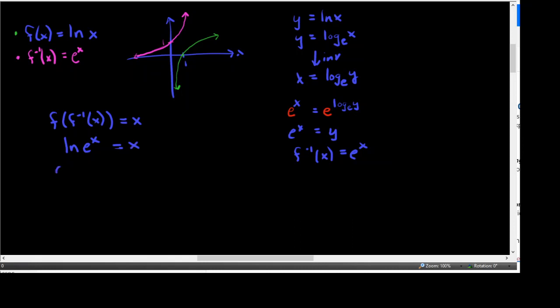And because they're inverses, the composition the other way, f inverse of f of x, should also be x. And so here that's e to the ln of x, which is x. Okay.